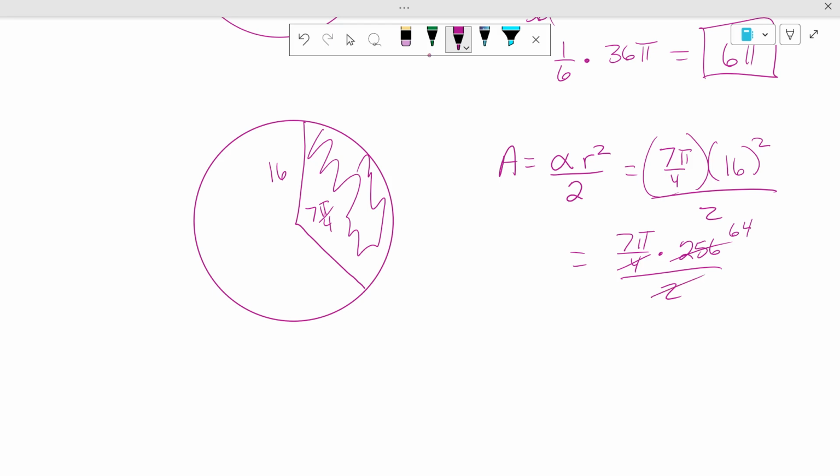And I know 2 goes into 64 32 times. So I just take 32 times 7, which is 224 pi. That's the area of that sector. So that's sector area for you.